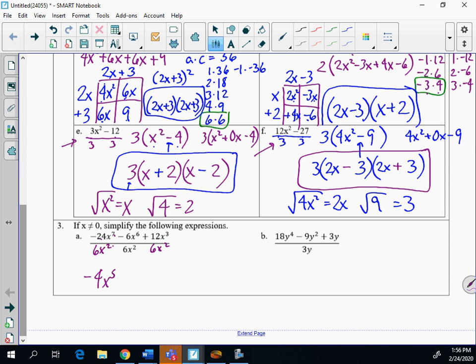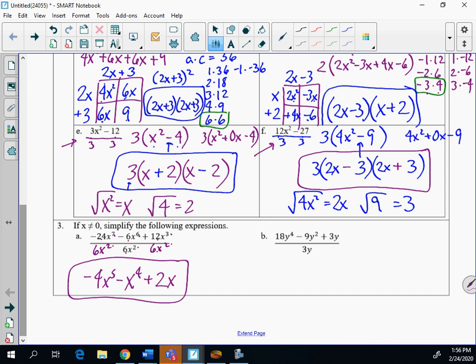This negative 6 over 6 will become negative 1, and then 4 minus 2 is x to the 4th. Now remember, you actually don't need to put the negative 1, and this is how you would see it as a final answer. And our last one, 12 divided by 6 is 2, and then our 3 minus our 2 is just x. So that is our result there.